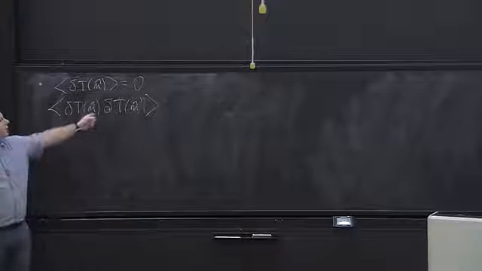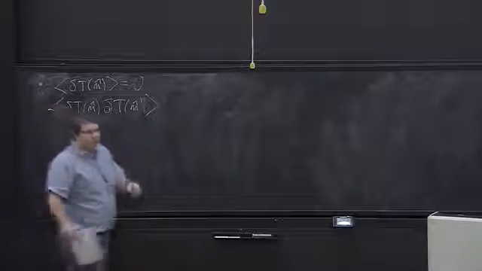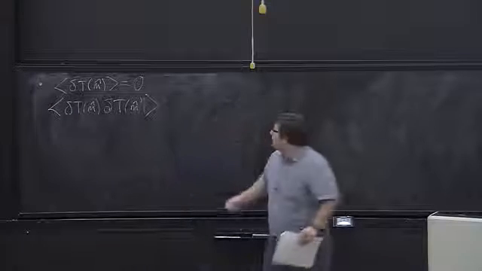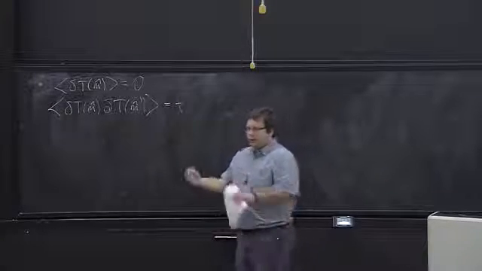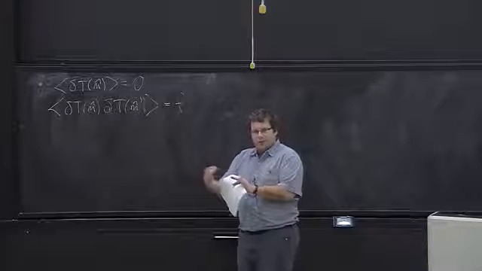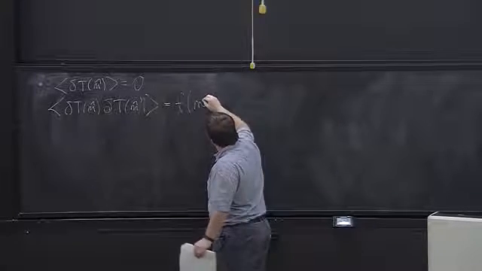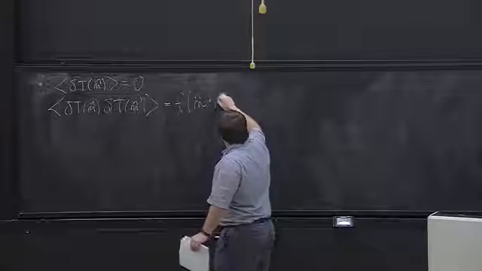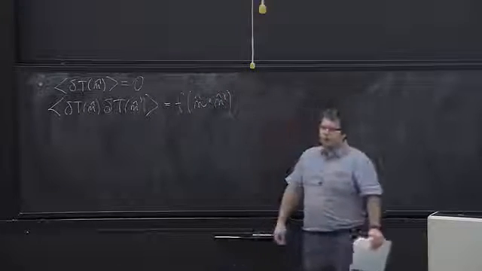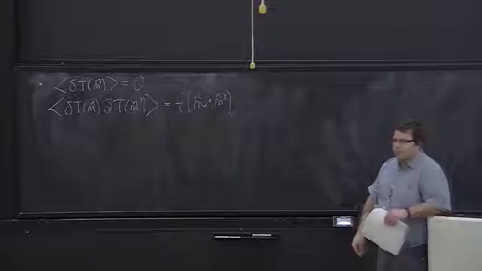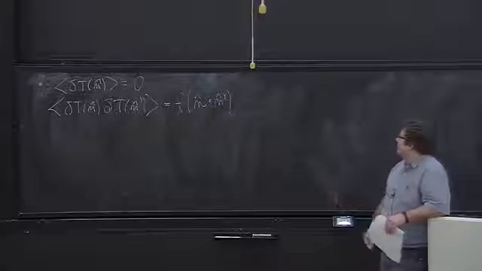So now I'm considering delta T at n and at n prime. Because this is rotationally invariant, it must be some function only of the angle between the two, right? So it must be some function of the scalar product of n and n prime. So it's a function of that angle. Okay, that's what rotational invariance gives me.